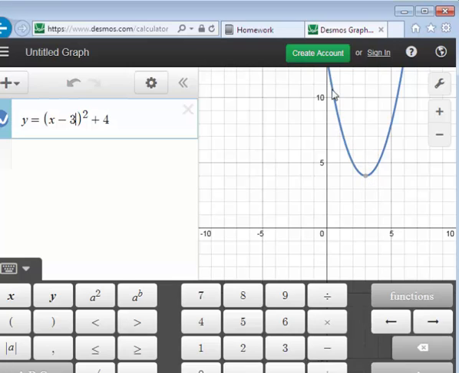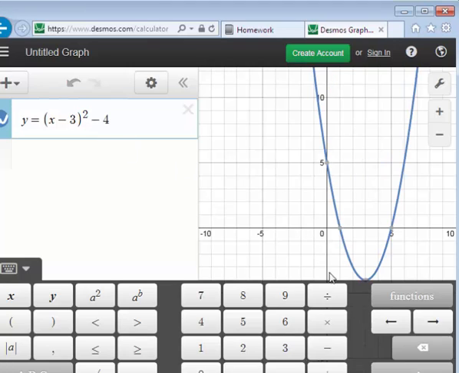This bottom point is called the vertex. And then we can get the intercepts, the y-intercept, and sometimes this might have an x-intercept. If I say minus 4, then we have x-intercepts as well.